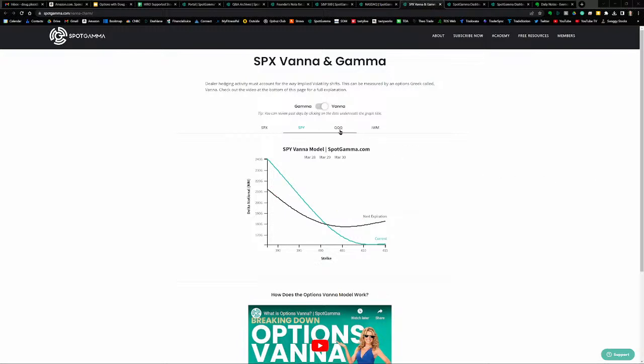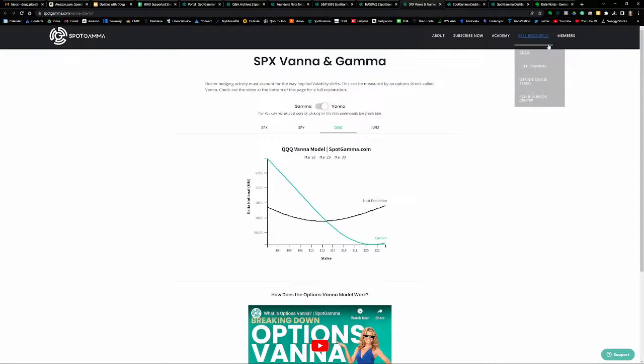And then finally, let's take a look at QQQ. So a very neutral environment for QQQ. All right, that's my positional analysis for the indices, primarily the S&P 500.